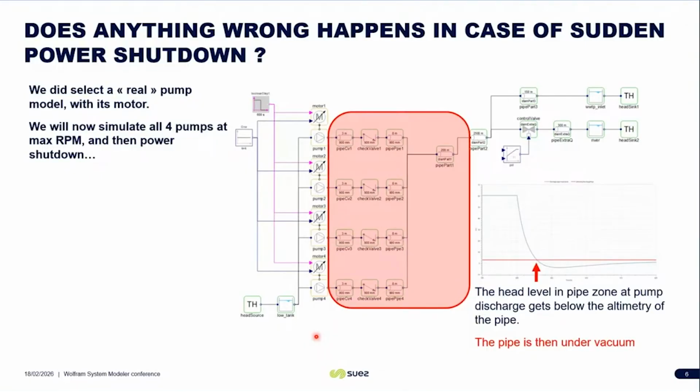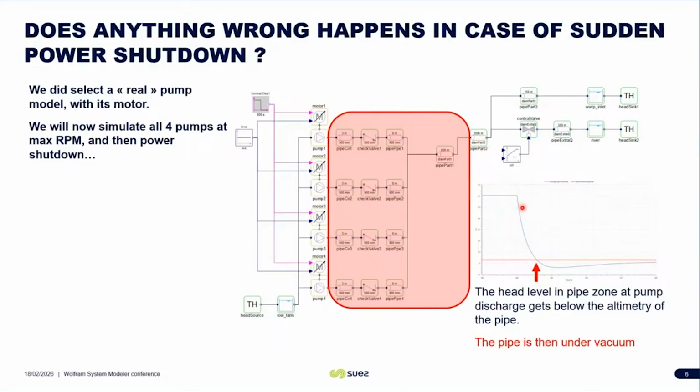The results show that immediately after power loss, pressure downstream of the pumps, that is the pipe signal in red, drops rapidly from 6 bars approximately to subatmospheric pressure. This occurs because the 2.5 kilometers of water column that is going forward along the pipeline has a strong inertia. And so water continues moving while the stopped pump becomes a restriction in the system.